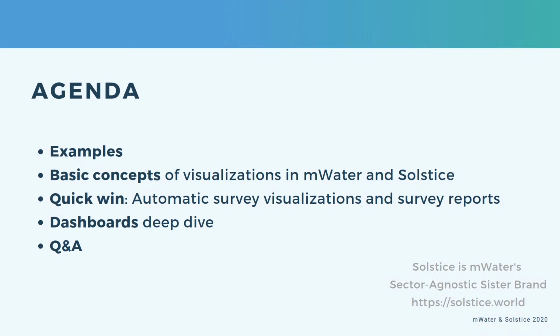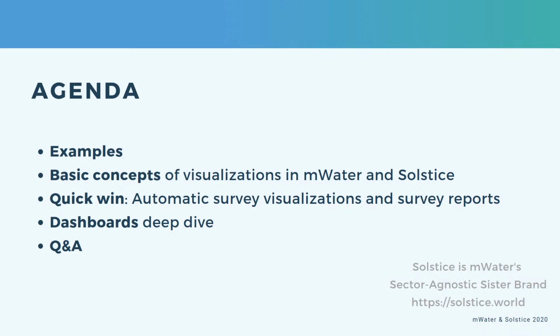Now, you notice that I mentioned Solstice. For those of you who are primarily focused on mWater, I'll just mention that Solstice is mWater's sector-agnostic sister brand. Meaning that it's for all those users who don't primarily work in water, sanitation and hygiene, Solstice has all the same features, the same system, and you can begin your data collection in one of the systems and then carry it on in the other one.